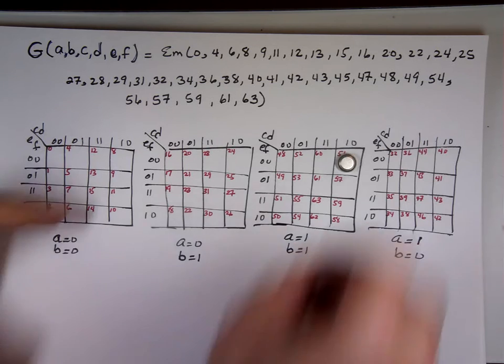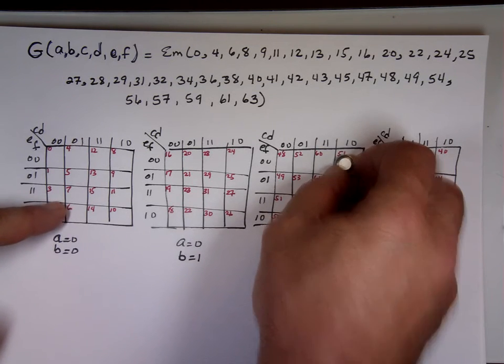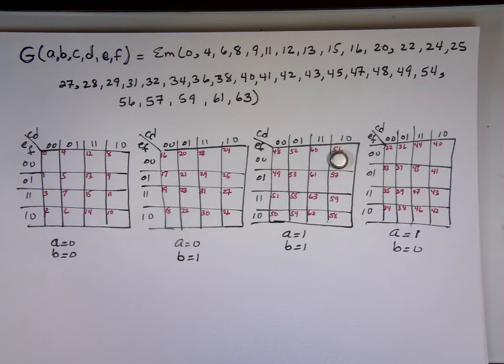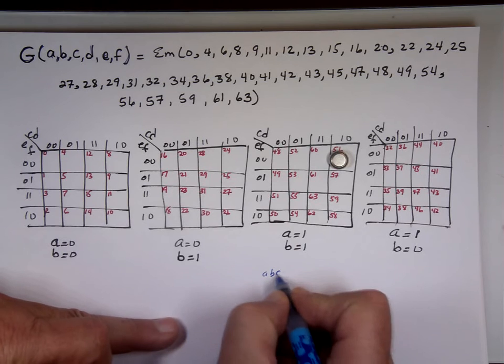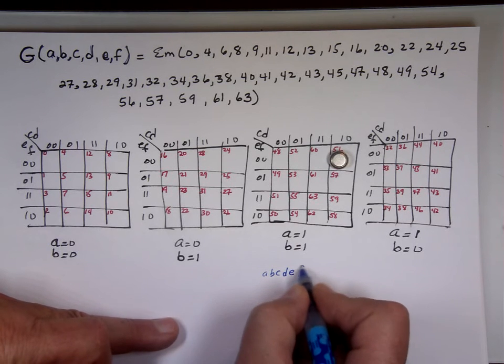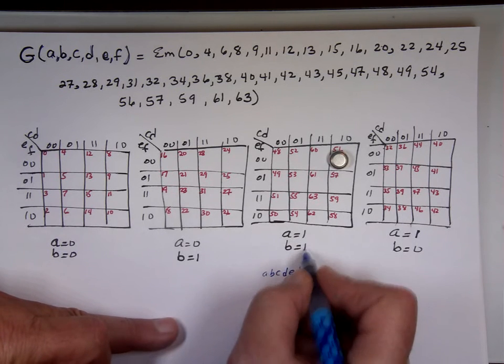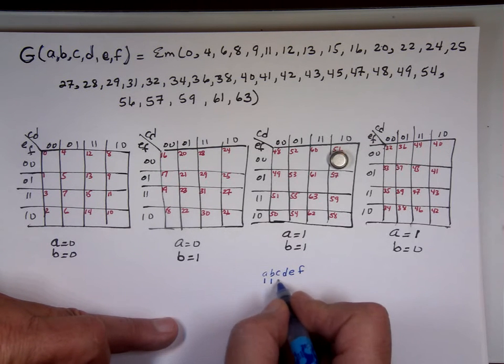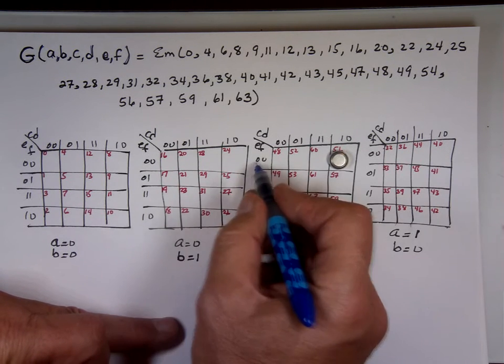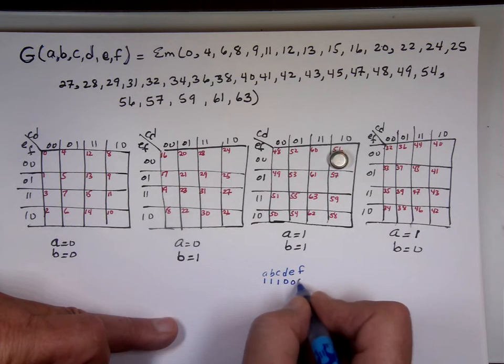56, right? Why? Well, let's look at it. I'm going to erase that in a second. You have 6 variables. A, B, C, D, E, F. A is 1, B is 1. C is 1, D is 0. E is 0, F is 0. Okay, what's the decimal value of that?